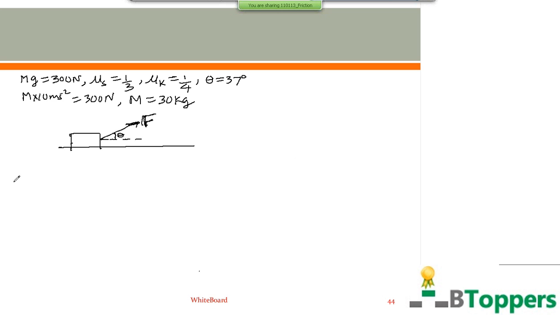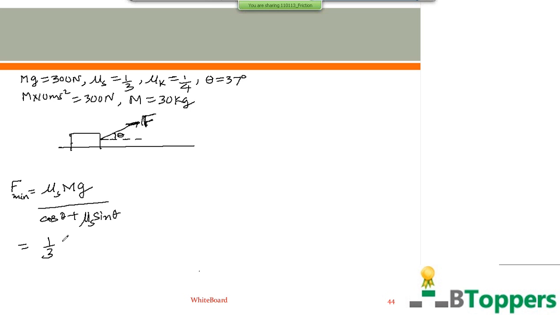The minimum pulling force required to start the block moving, if it is initially at rest on the rough horizontal floor, when the pulling force is applied at an angle theta above the horizontal, is given by mu s mg divided by cos theta plus mu s into sin theta.